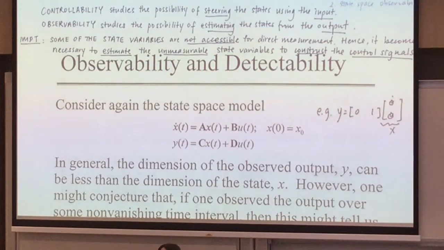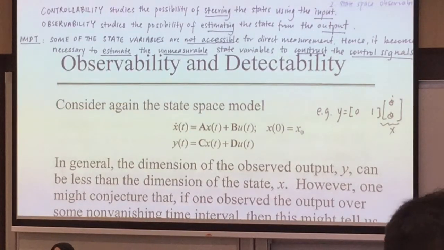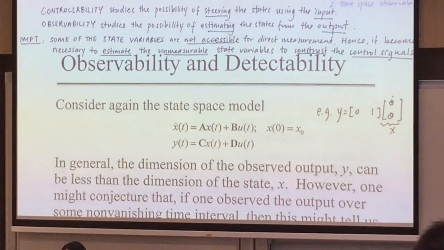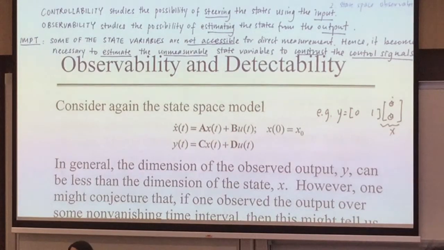But you can measure the concentration of the byproducts from this chemical process, which will allow you to estimate the concentration of oxygen in the plant. So you're making use of the output to estimate the states, and the state you're interested in is the concentration of oxygen. You cannot measure it directly, but you can use the output to estimate this value. That's why you want to understand observability.